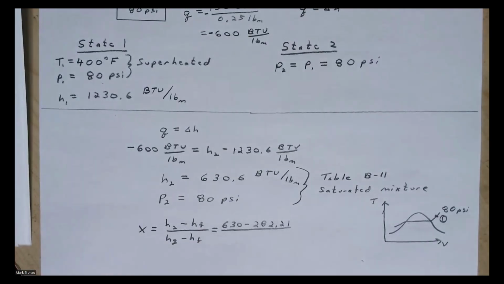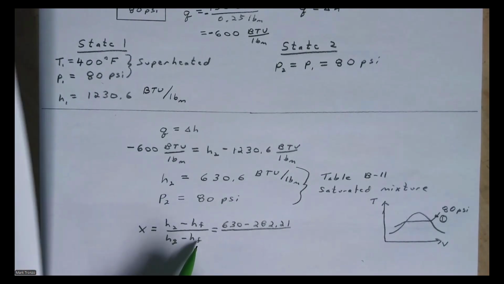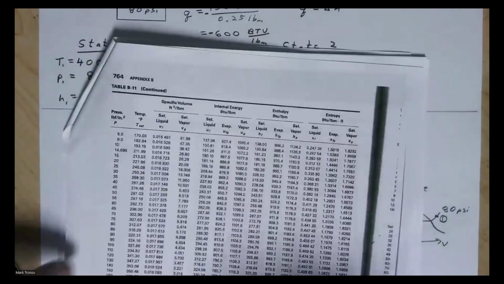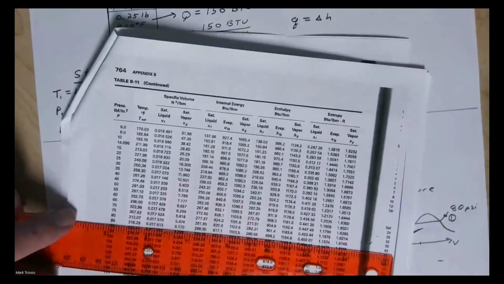In the denominator, you can take the 1183.6 minus the 282, which is the Hg minus HF. But remember, in these tables it has that difference calculated for you.